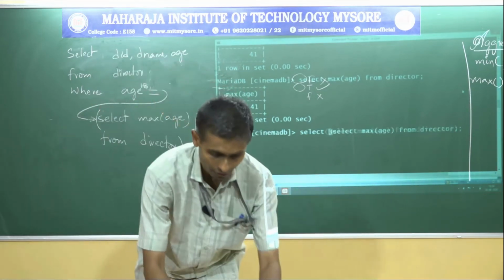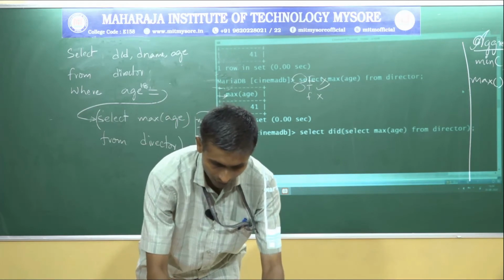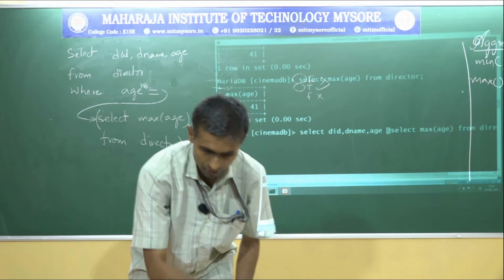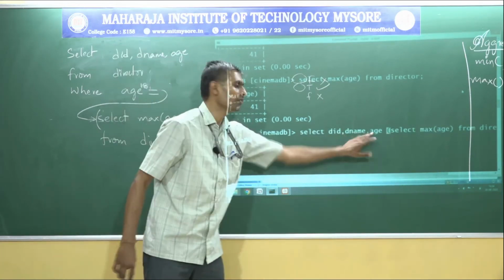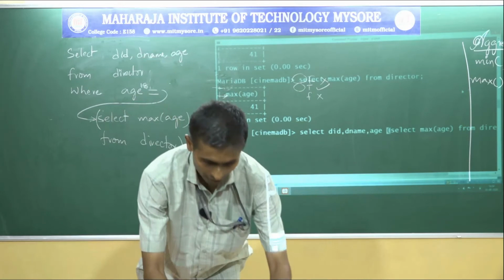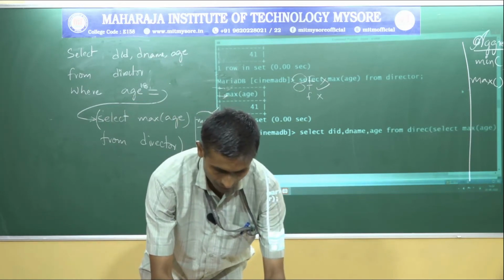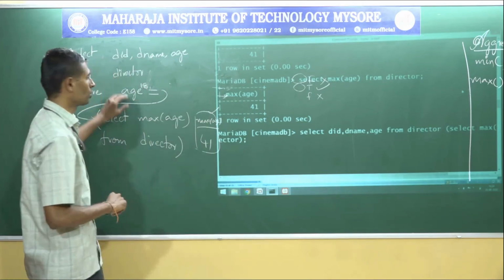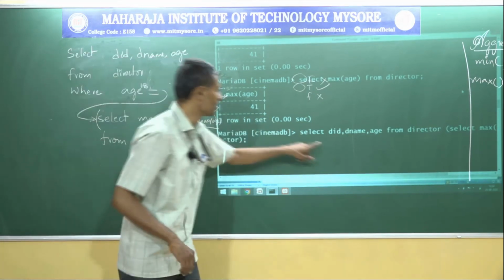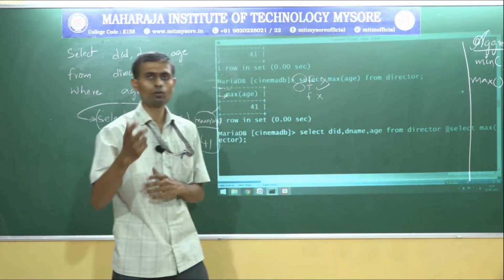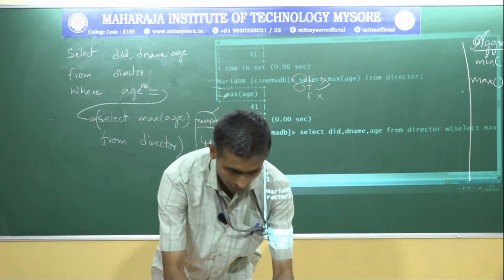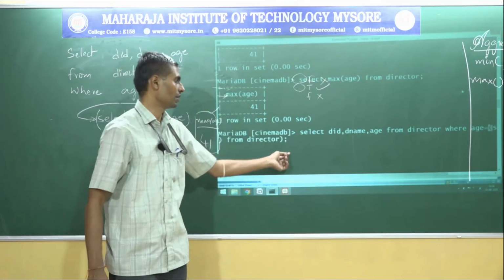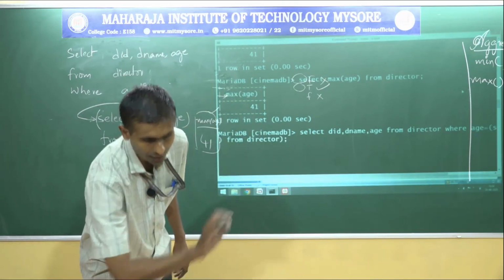There we have written DID, next DName, then I want to display age. These three are present in director, from director. Is that itself enough? No. We have written one more condition. The age of this director should be equal to the maximum age. Let me write where age should be equal to this maximum age. Let me press enter.